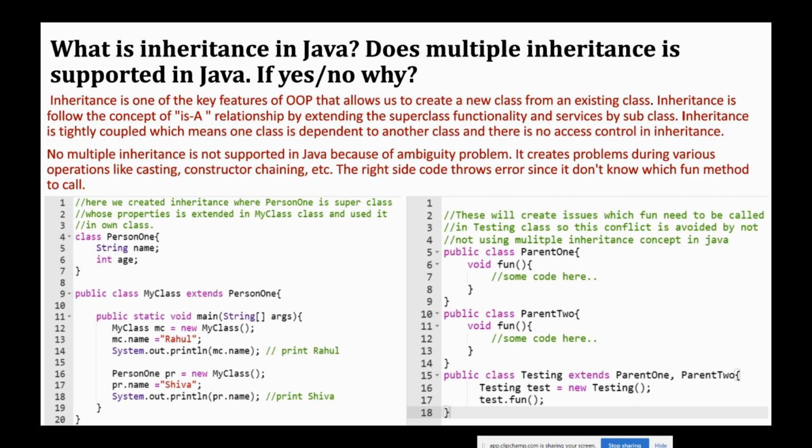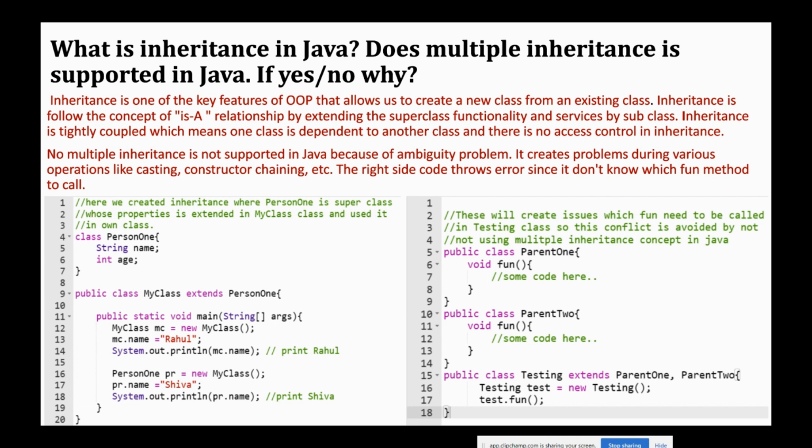Public class parent one has void fun, public class parent two has void fun again, because we have two different classes with the same methods. When you write public class testing extends parent one and parent two, and now you say testing test equals new testing, test.fun, the compiler gets completely confused.